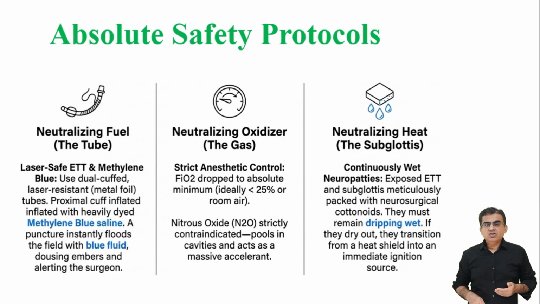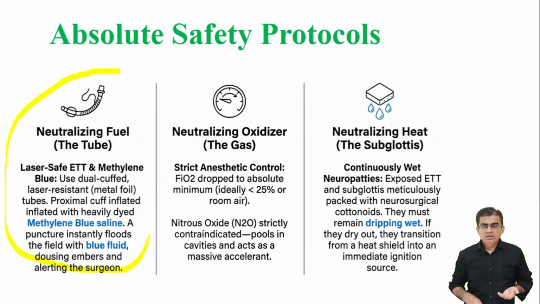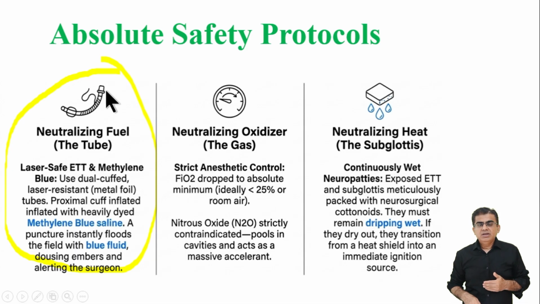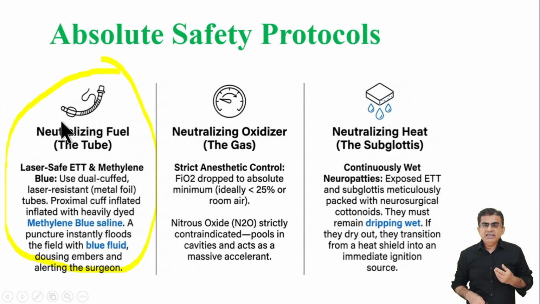Look at the 3 pillars of safety on your screen. First, we must neutralize the fuel source. Look at the endotracheal tube icon on the left. You must always use a specially designed laser resistant tube that has 2 separate cuffs. It also strictly follows the methylene blue protocol.